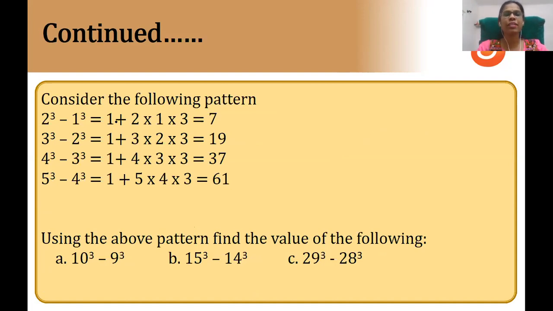No, this is not a pattern. This is a discussion of the following: the difference of the cubes of two consecutive numbers. Cube of 2 minus cube of 1 is 7, which is 1 plus 2 multiplied by 1 multiplied by 3. Similarly, cube of 5 minus cube of 4 is 1 plus 5 multiplied by 4 multiplied by 3.